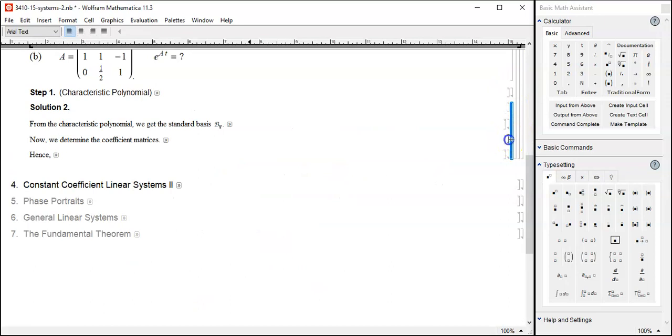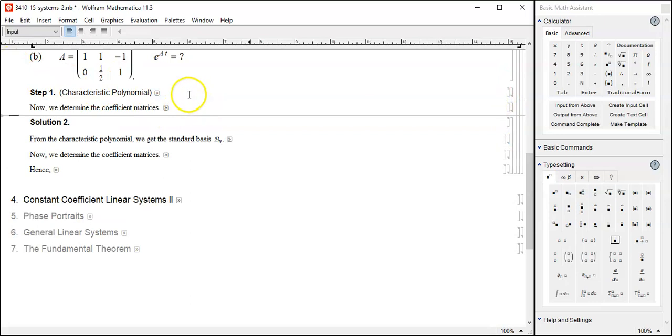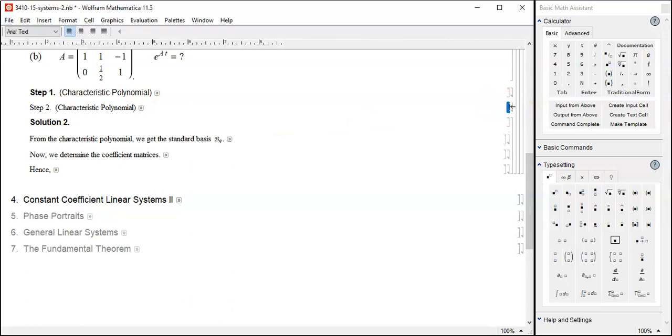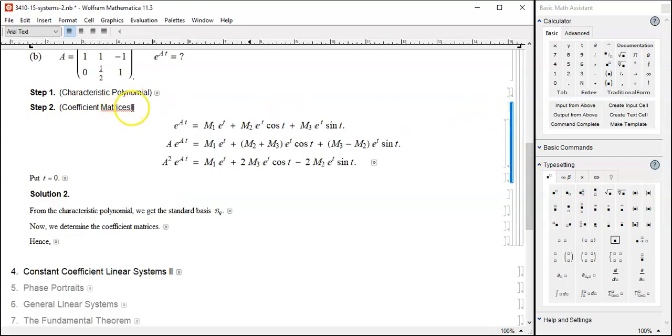Okay, coefficient matrices. How do we deal with those?